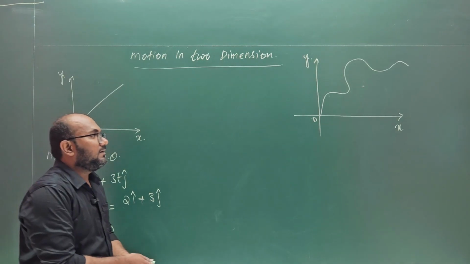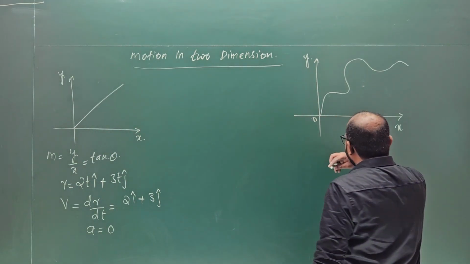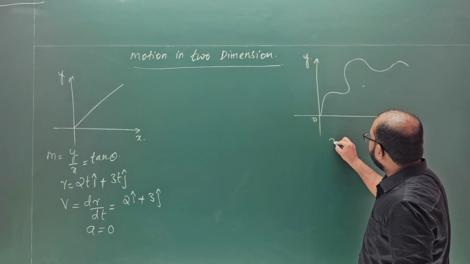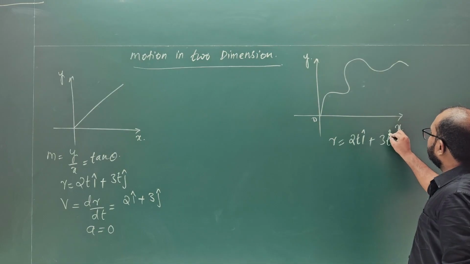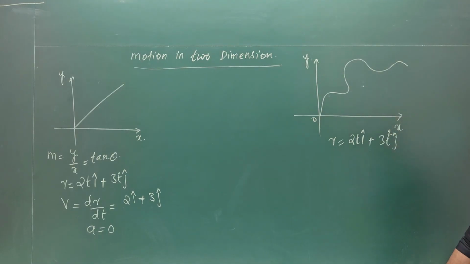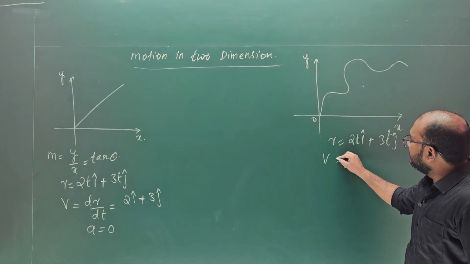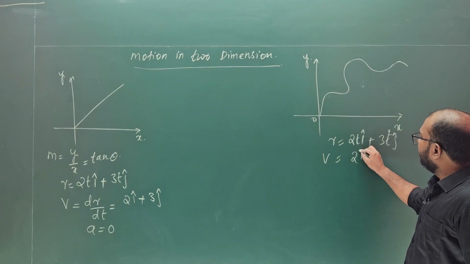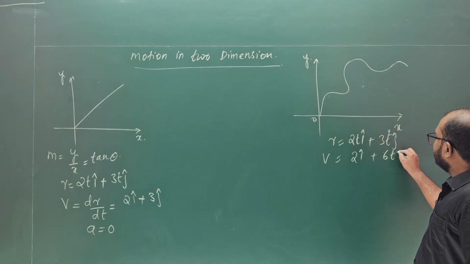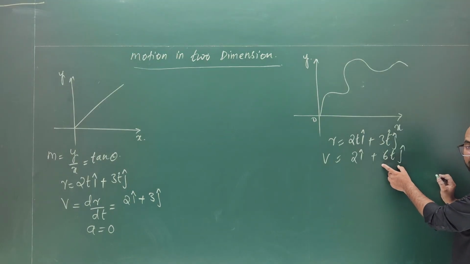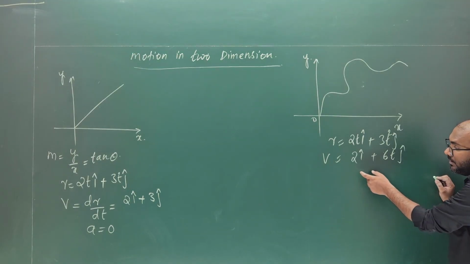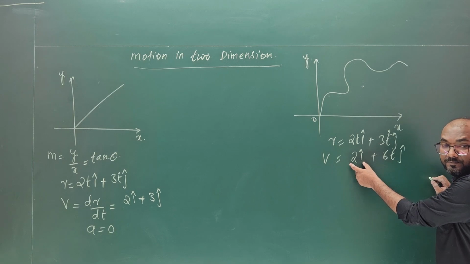0. Similarly, if I come over here and write one equation like this, r is equal to 2t i cap plus 3t square j cap. If I find the velocity, it will be dependent on time, 2i plus 6t j cap. Can I say that over here y-axis velocity is time dependent? Yes or no? But x-axis is having a constant value.